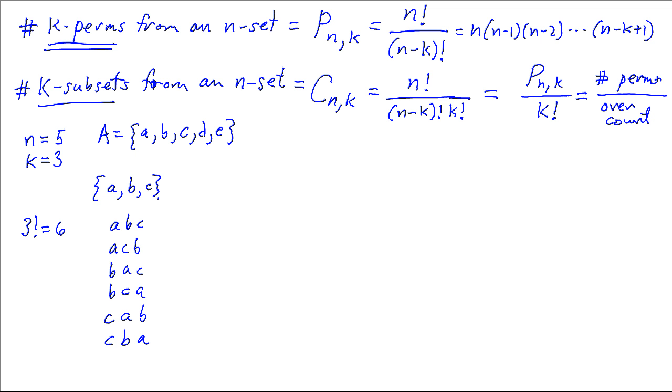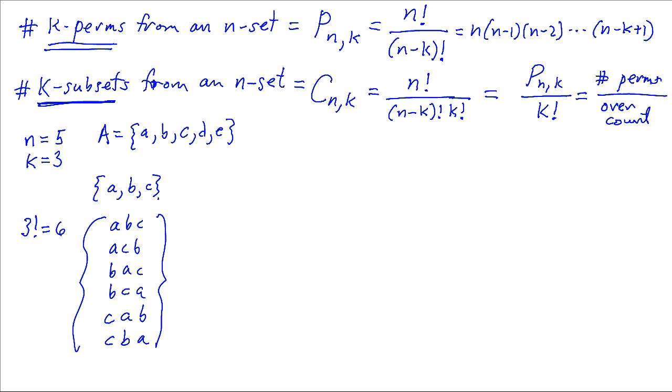So there are 6 ways of rearranging the elements in this subset that contains just those 3 elements A, B, C. In other words, there are 6 times as many 3-element permutations as there are 3-element subsets.